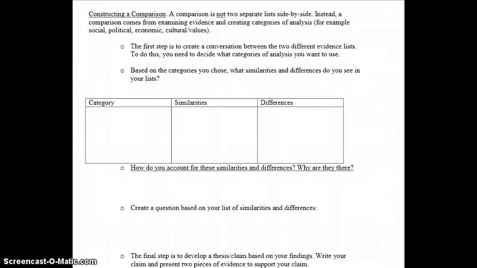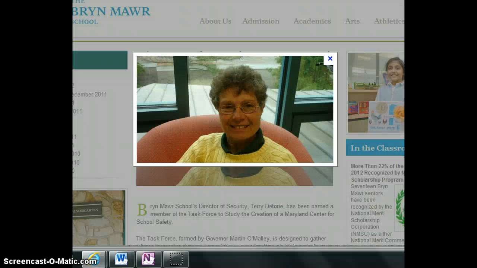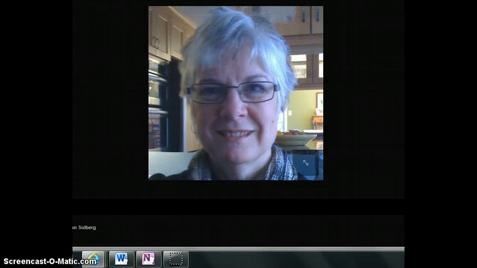differences of two things. The first thing that you need to do is create a conversation between the two different evidence lists. And to do this, you need to decide what categories of analysis you want to use. Let's begin by pretending that we are going to construct an analysis of the similarities and differences of Miss DeTore, Bryn Mawr's Director of Security, and someone who is very near and dear to your heart, me, Mrs. Solberg.